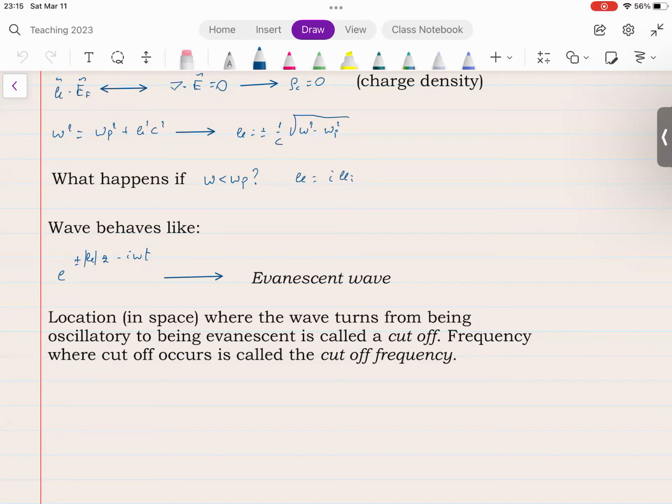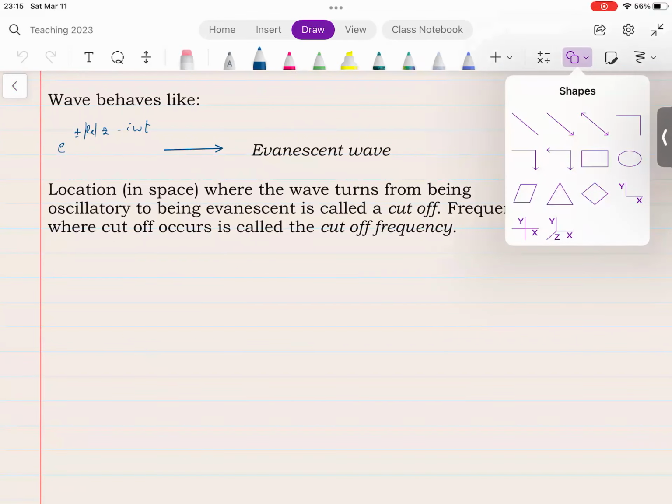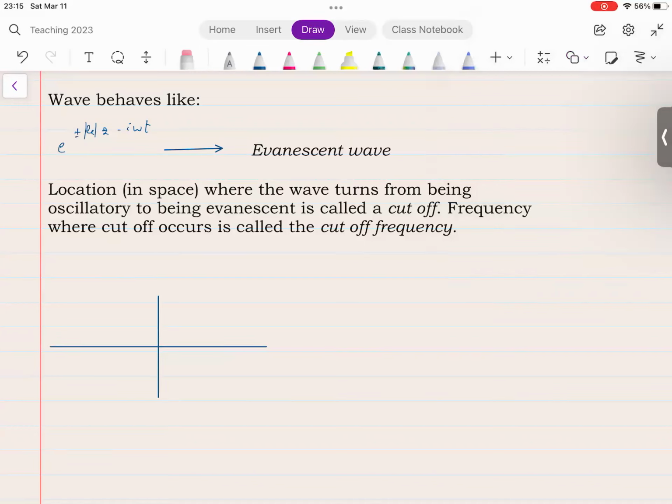Another way to understand that there is such a thing is to take our axis, and put k here, and then omega here.